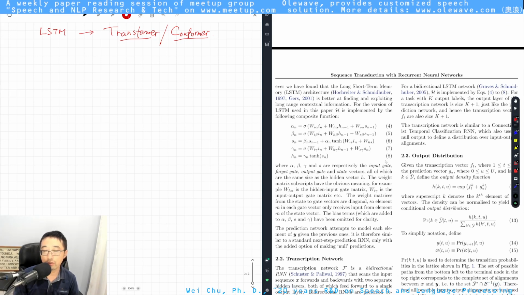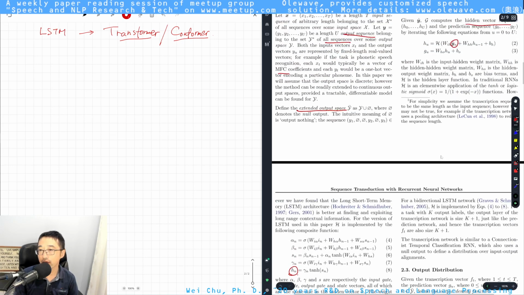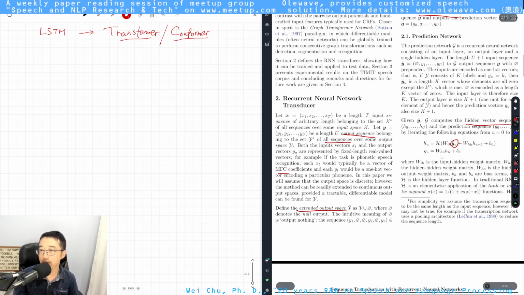it still tries to come up with a hidden vector, but he didn't care too much about the terminology. He only talked about, remember in the RNN, the HU is supposed to be obtained by looking at this first equation in equation number 2.